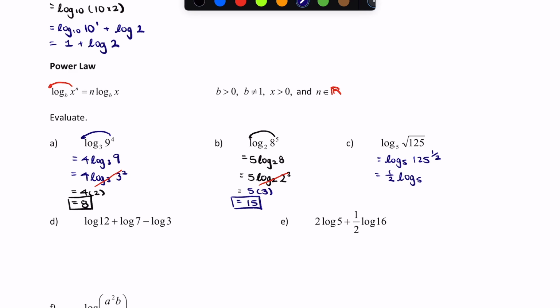And here we'll rewrite 125 as 5 to the power of 3. So here we'll be left with 1 over 2 times 3, which will give us 3 over 2.